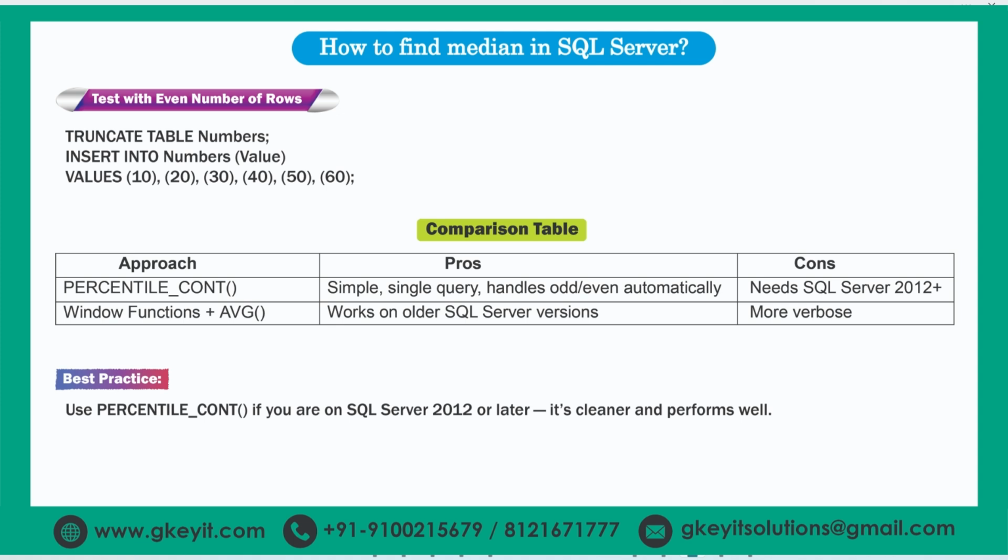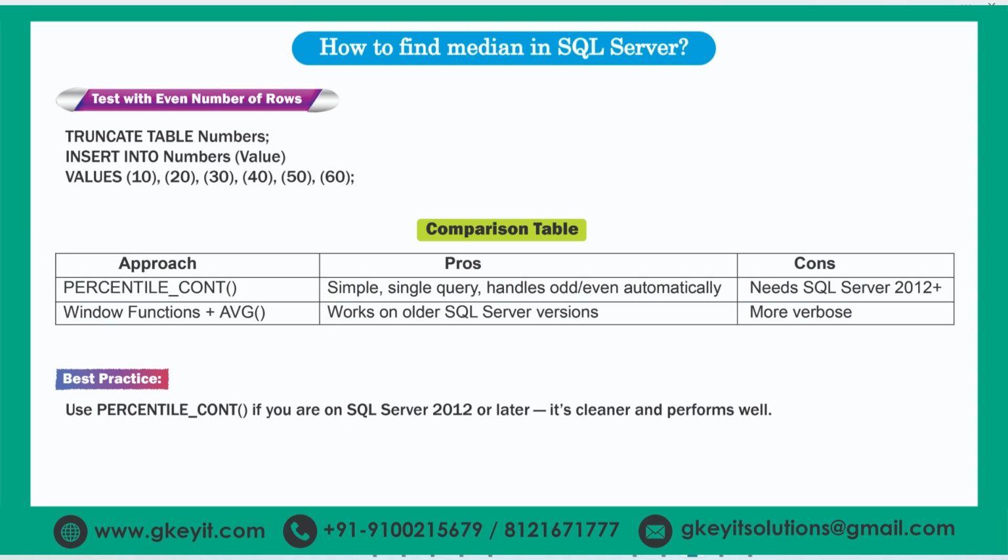Coming to the window functions plus average function, the pros are that it works on older SQL Server versions, and the cons are that it is more verbose. The best practice is to use the PERCENTILE_CONT function if you are on SQL Server 2012 or later versions. It's cleaner and performs well.